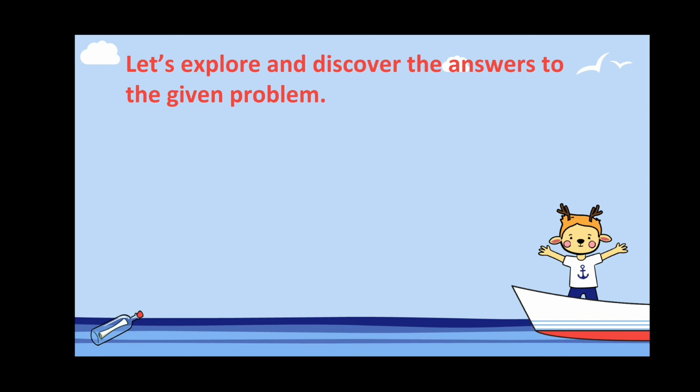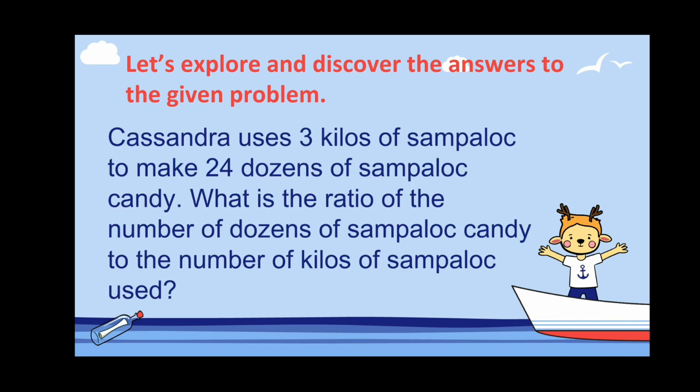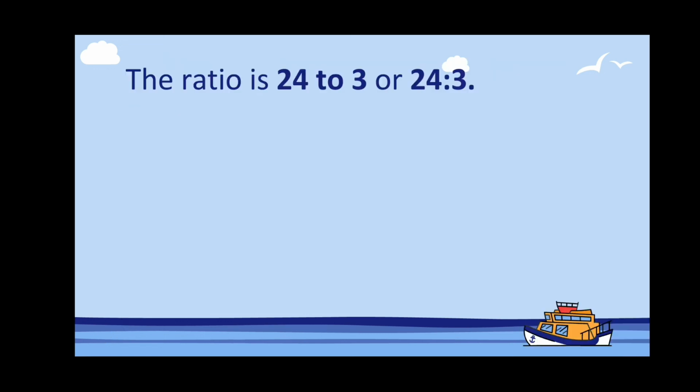Let's explore and discover the answers to the given problem. Cassandra uses 3 kilos of sampalok to make 24 dozens of sampalok candy. What is the ratio of the number of dozens of sampalok candy to the number of kilos of sampalok used? The ratio is 24 to 3.